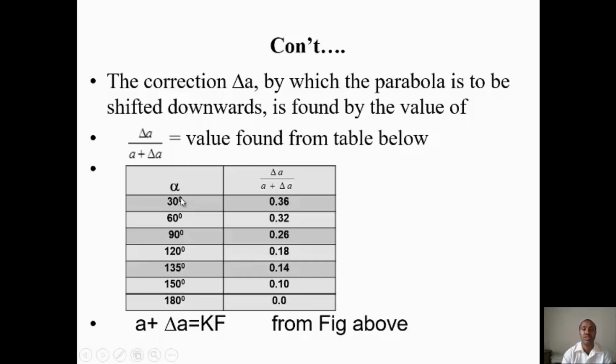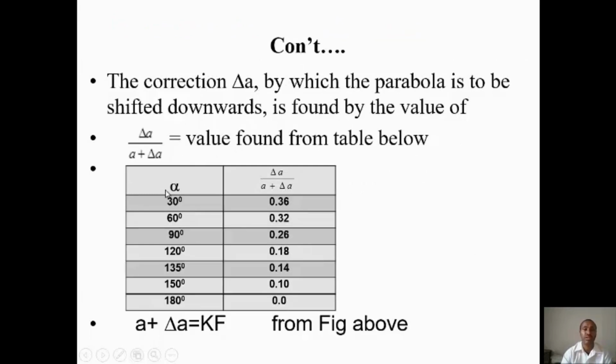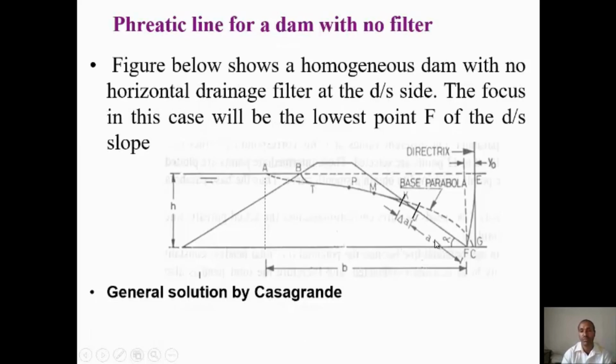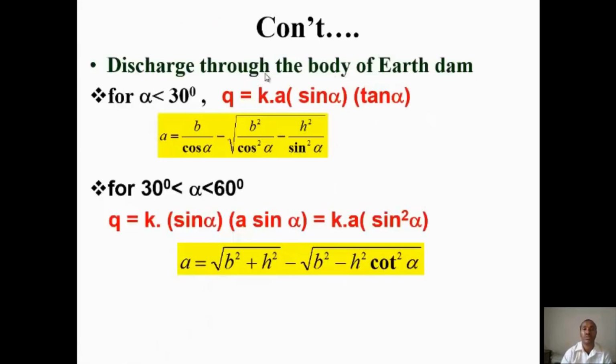Alpha is the downstream inclination of the dam. Once you know it, you can find the ratios. Here a is this one, plus delta a means KF up to this dimension. From this you can find it.